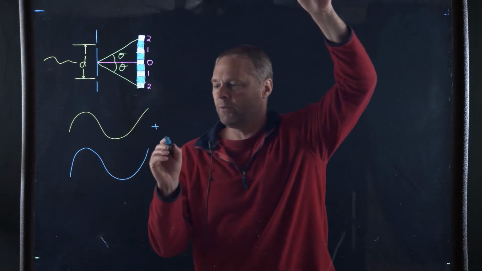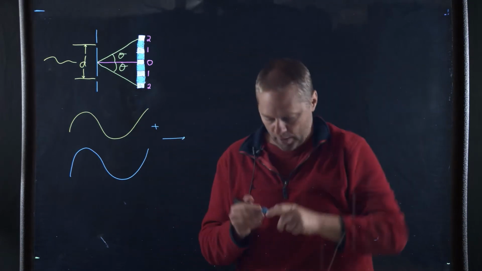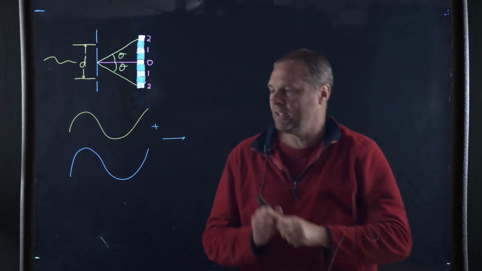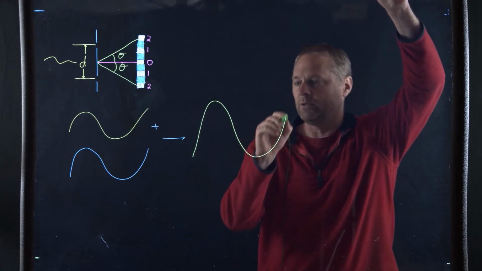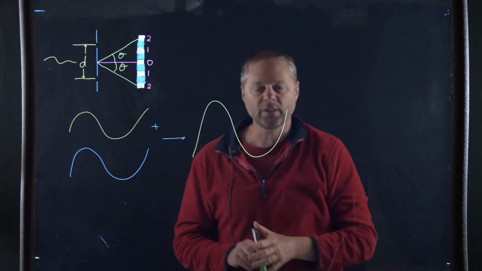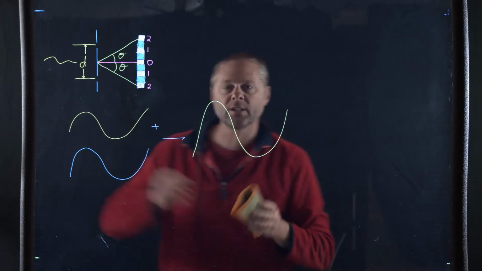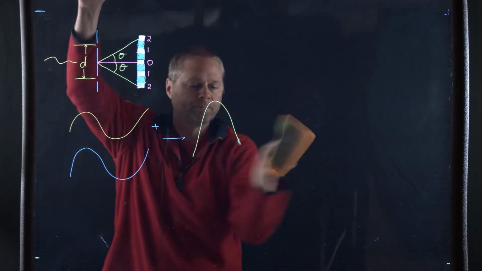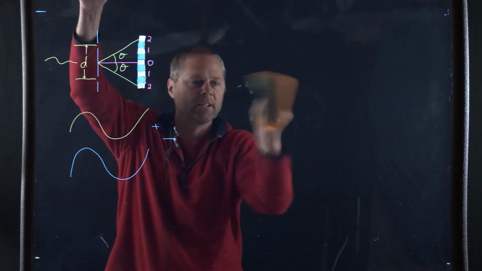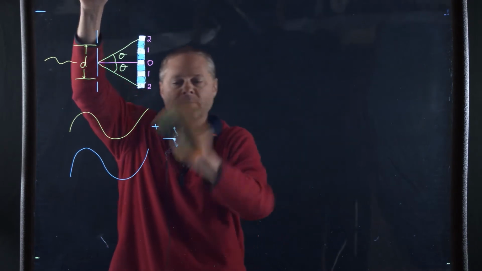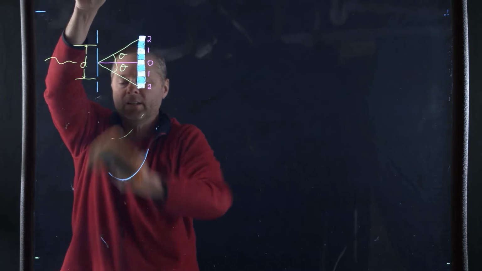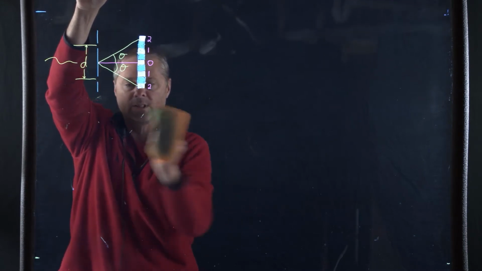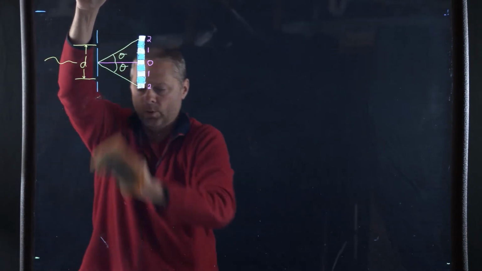If you add those up, you end up getting a much larger light source. This is what's called constructive interference. They don't have to interfere constructively, though. They could interfere destructively. So let's take a look at what destructive interference is going to look like.